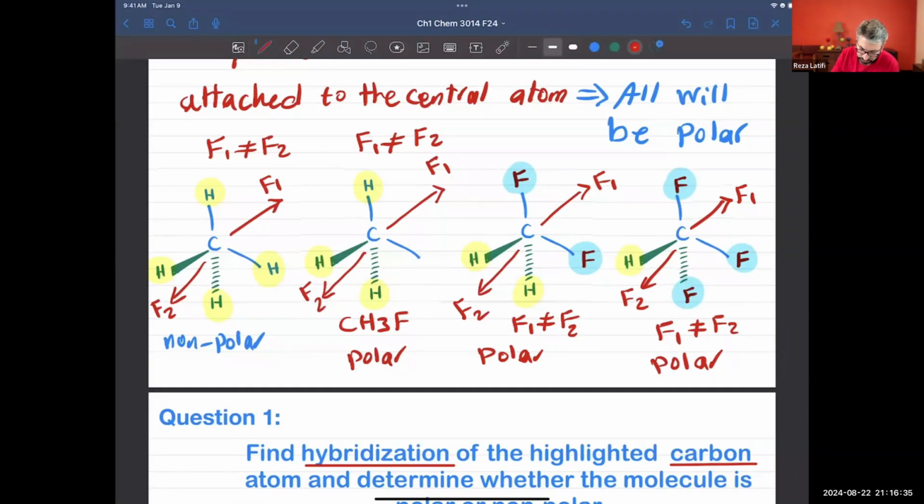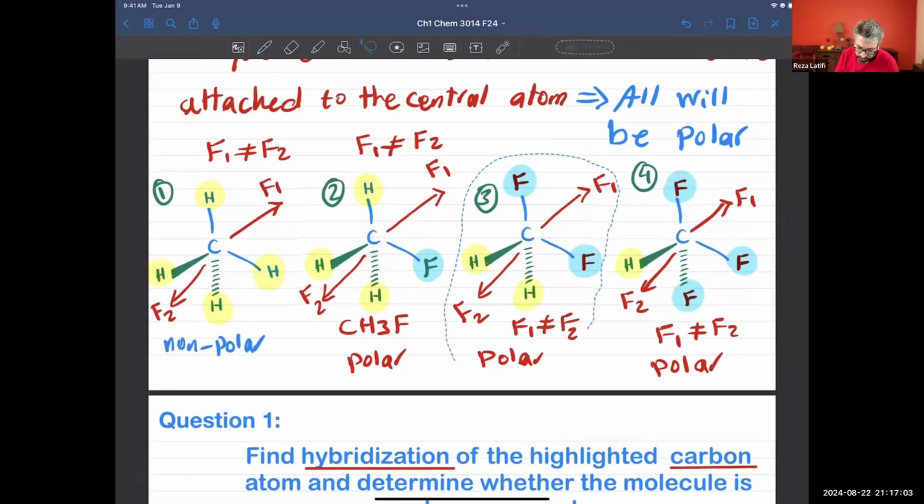So that's going to be a fluorine. One of you might say the third structure. So let's call this one 1, 2, 3, 4. Third structure: what will happen if you put one of the fluorines down?